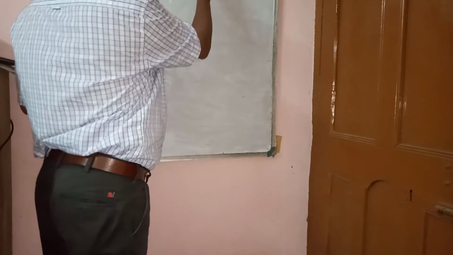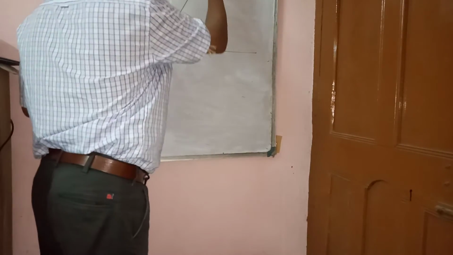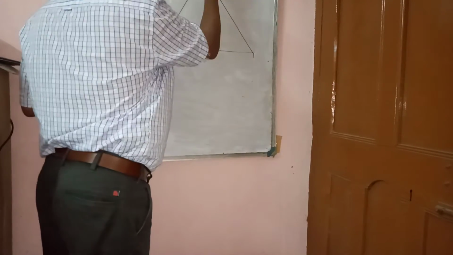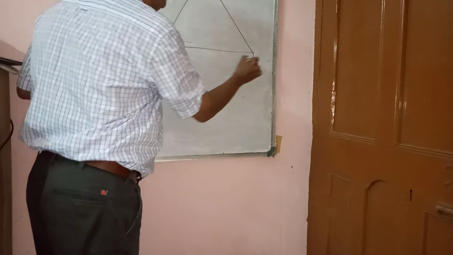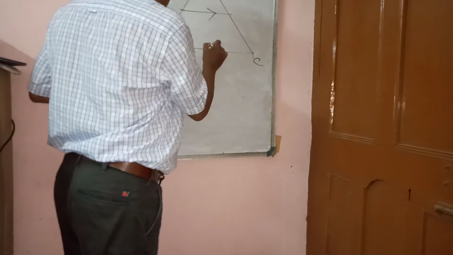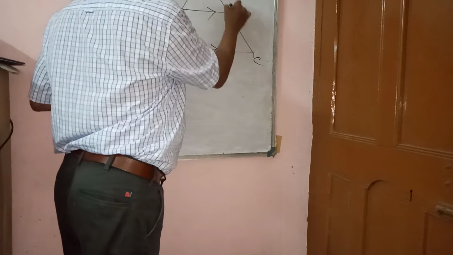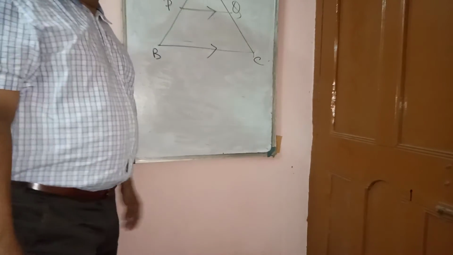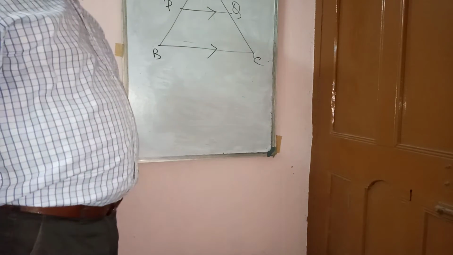Now, basic proportionality theorem, keep in mind. See, suppose here a triangle ABC is given. Along BC parallel, draw this PQ. Okay. ABC is a triangle.